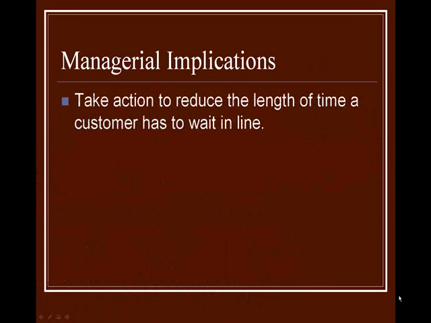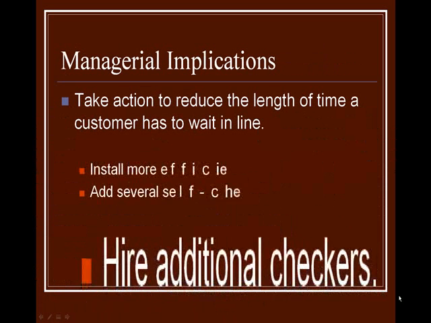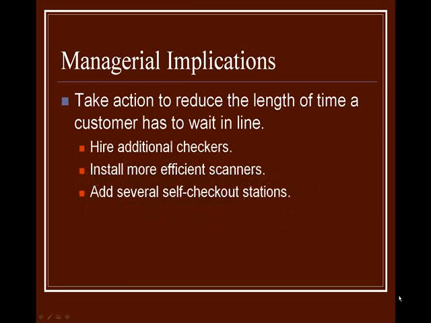Let's think about what to do about that. Mainly, we need to take some action to reduce the number of customers in line, which would of course reduce the length of time that a customer has to wait in line. We can do that by hiring additional checkers, by installing more efficient scanners, or by adding some self-checkout stations.